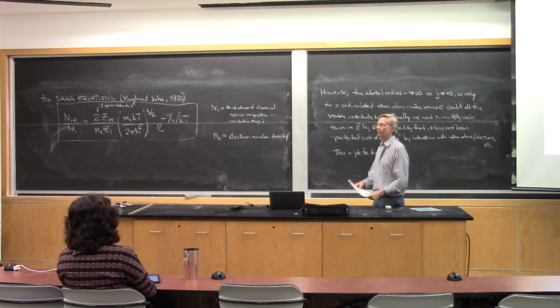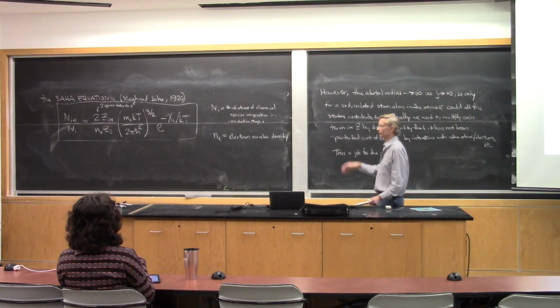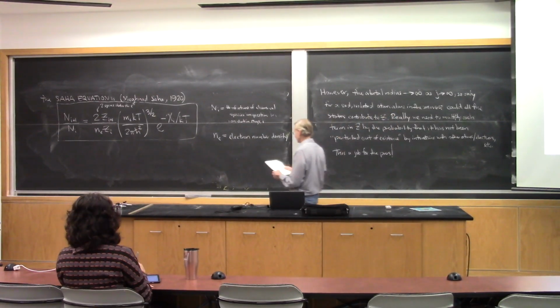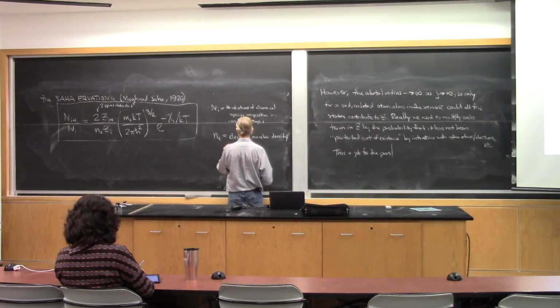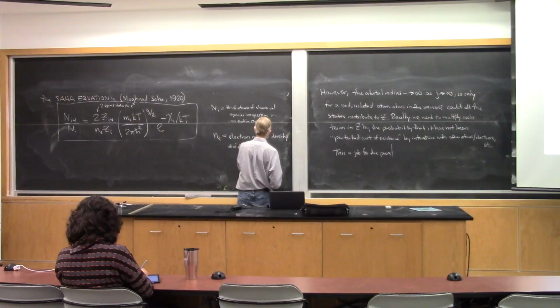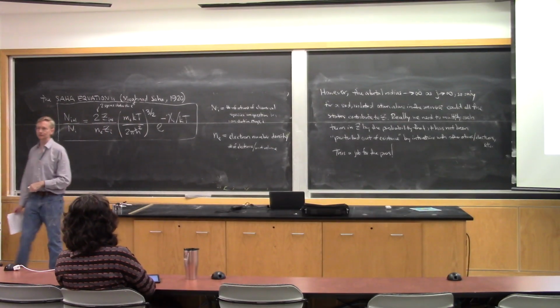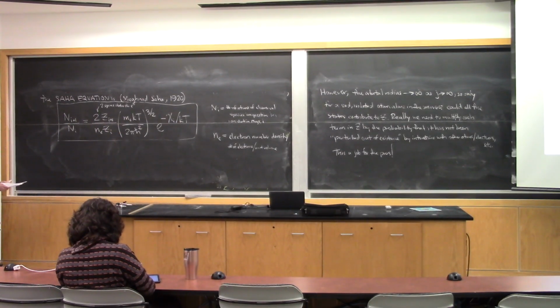As opposed to mass density, kilograms per cubic meter, number density is particles per cubic meter, or whatever your unit volume is. So the number of electrons per unit volume is the number density of electrons. In SI, the units of number density are inverse meters cubed, right? Per cubic meter, meters to the minus 3.